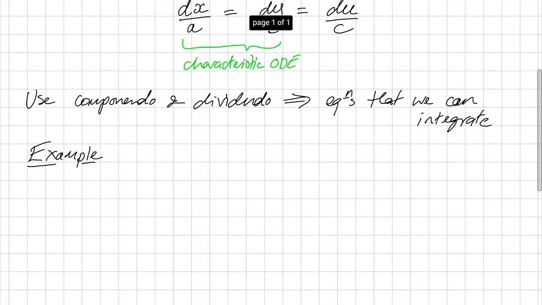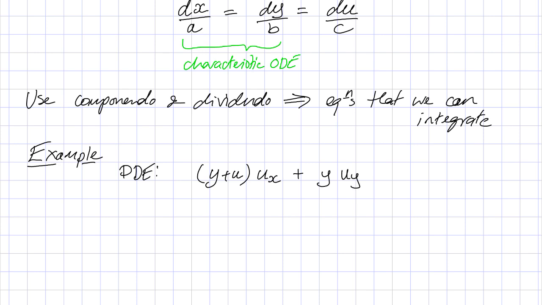So let's imagine we're given the following partial differential equation. So we've got y plus u times du by dx plus y times du by dy equals x minus y.